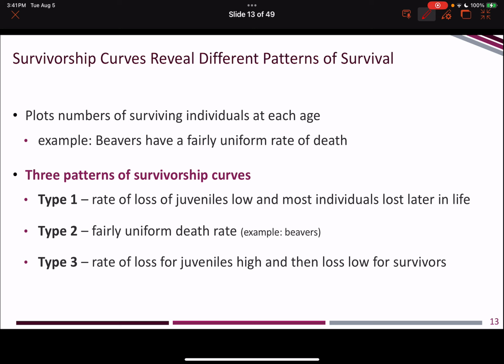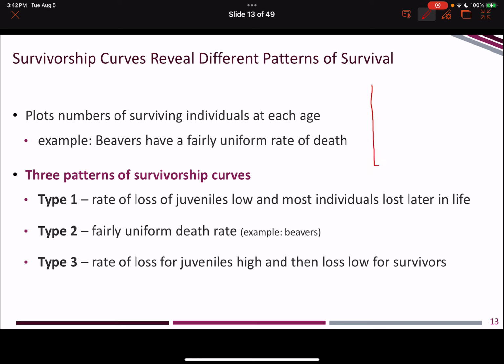So survivorship is really important for understanding populations, and we can look at something called a survivorship curve. A survivorship curve is basically going to tell us the average number of individuals that are surviving at any particular age in a graph form.